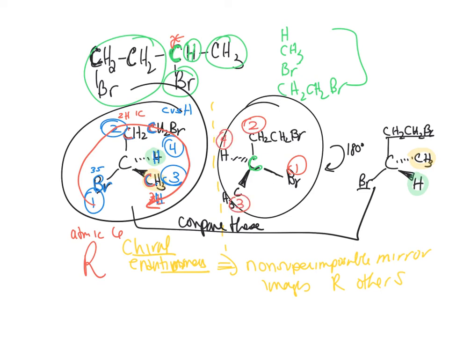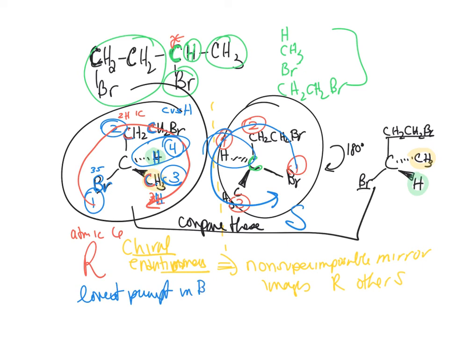And then you connect the 1, 2, 3, and that is S. Notice your hydrogen, step 3, your lowest priority, is it in the back? It's going away? Yes. So back stays back. So these are enantiomers of each other.